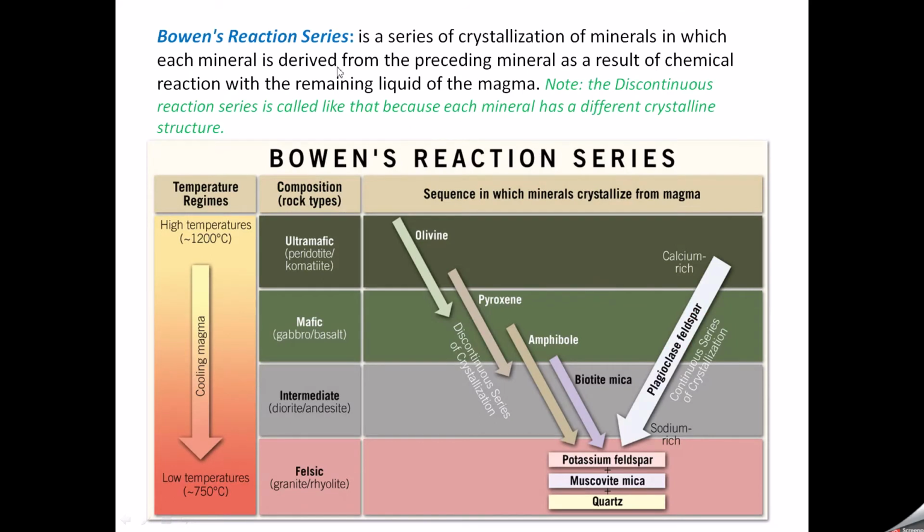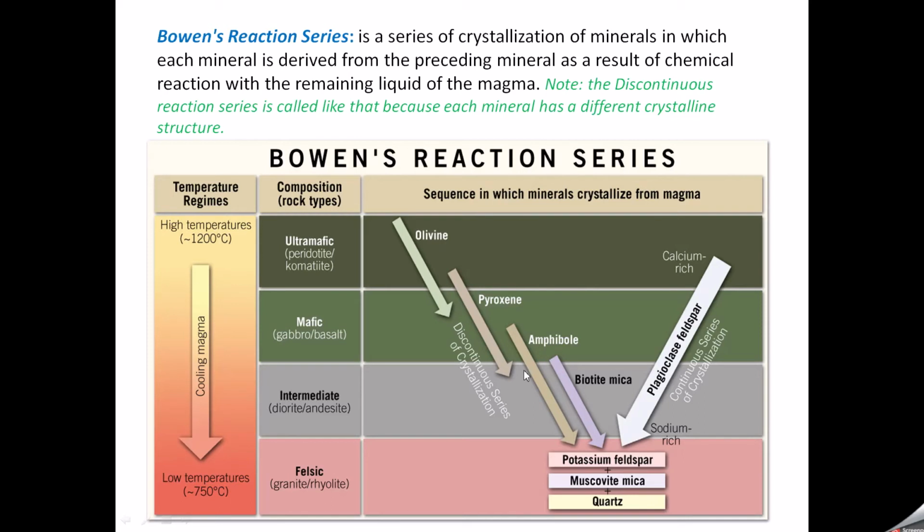Now, Bowen's reaction series. What's Bowen's reaction series? This is a series of crystallization of minerals in which each mineral is derived from the preceding mineral as a result of chemical reaction with the remaining liquid of the magma. Note, there is a discontinuous series on this left side here, and there's a continuous series.